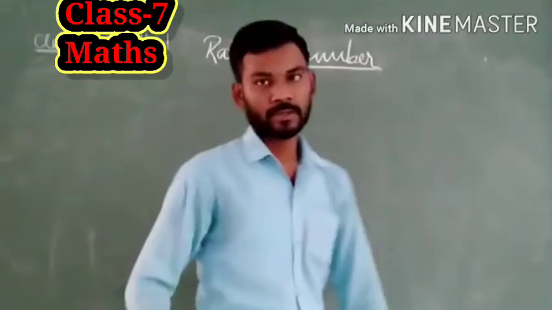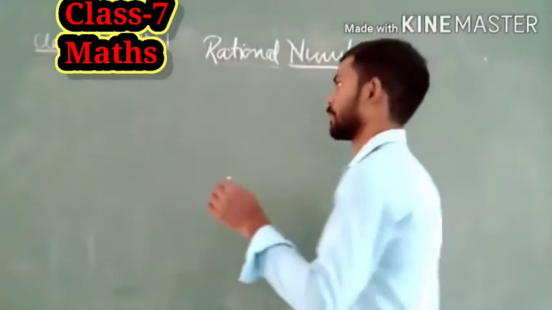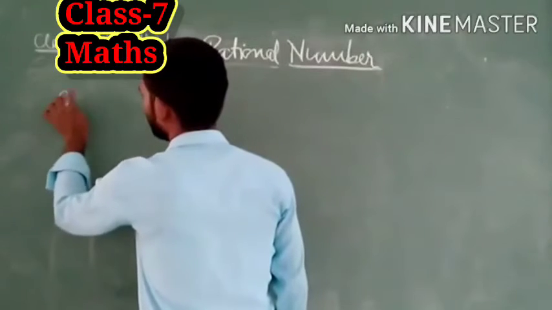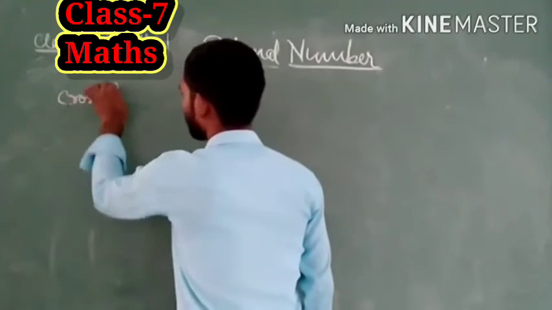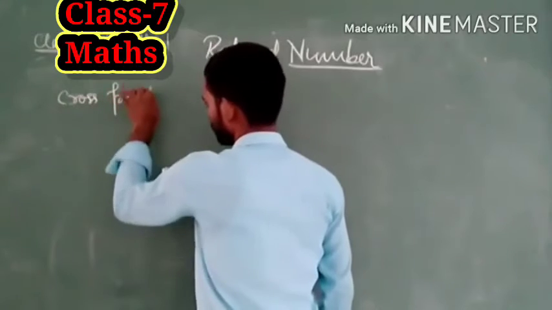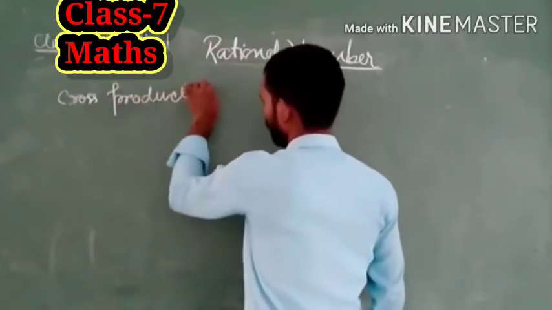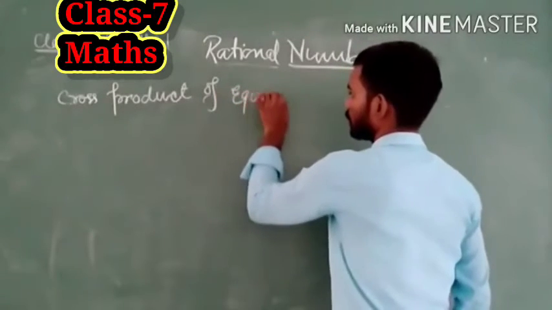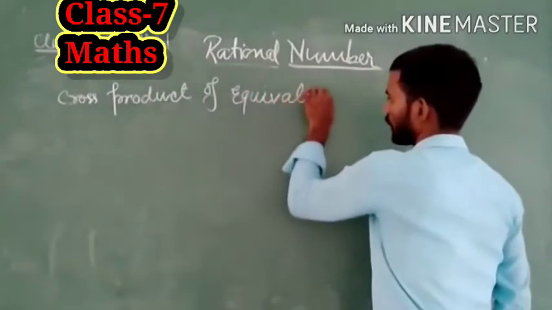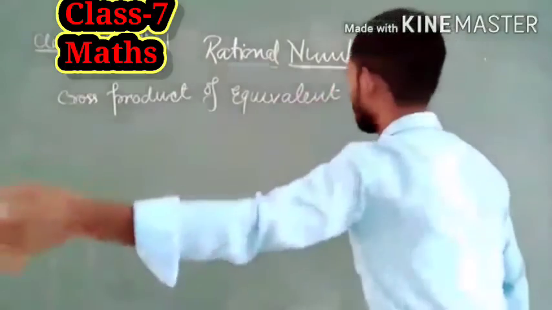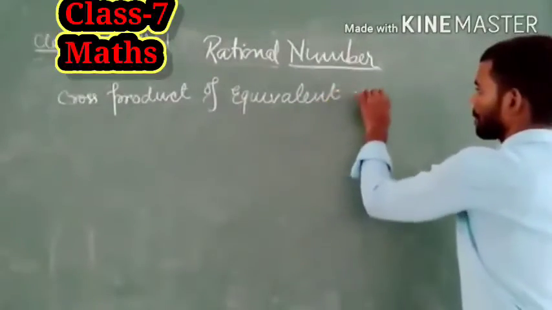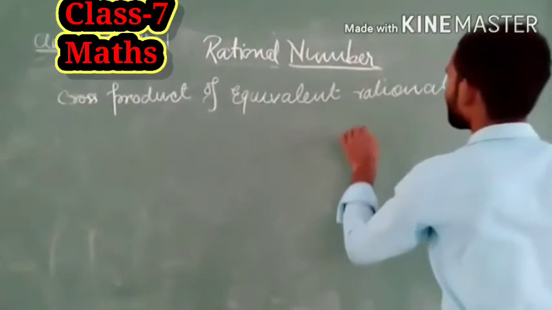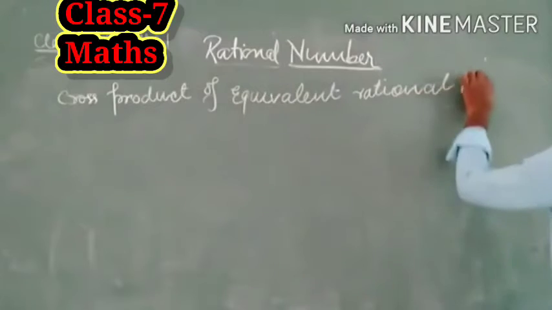Now let us see the next topic, that is the cross product of equivalent rational numbers.